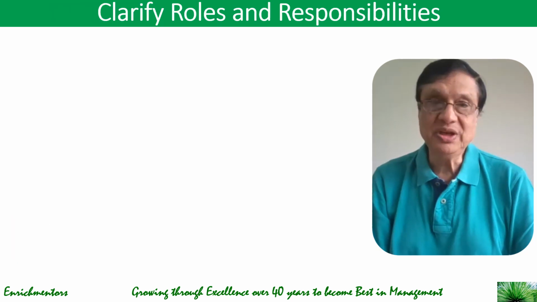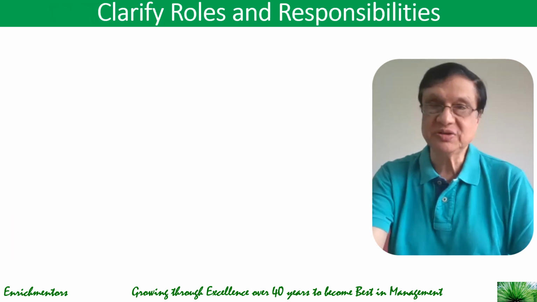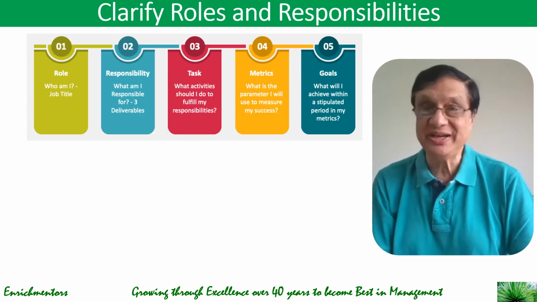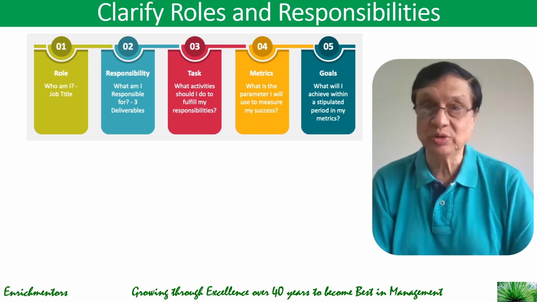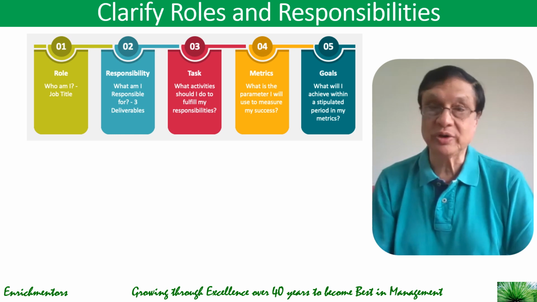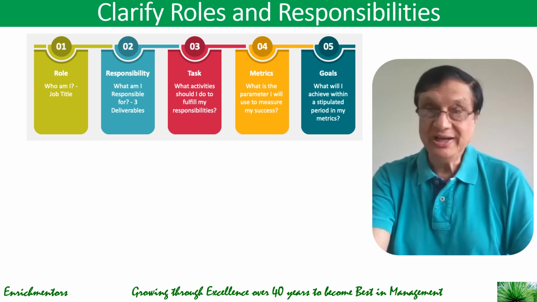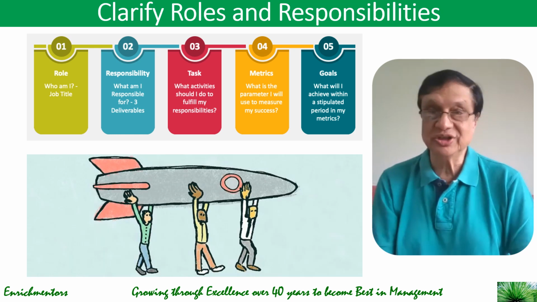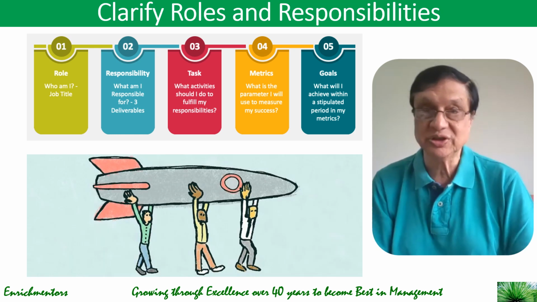The next step would be to clarify roles and responsibilities, in which you need to do two things. Establish role clarity: ensure that every team member understands their role within the cross-functional team. This will prevent confusion and promote accountability. While each member brings expertise from their department, there should be shared ownership, and they should all feel responsible for the project's success.